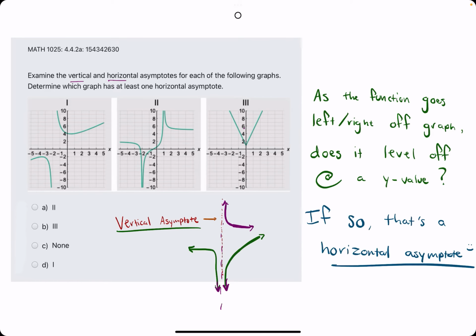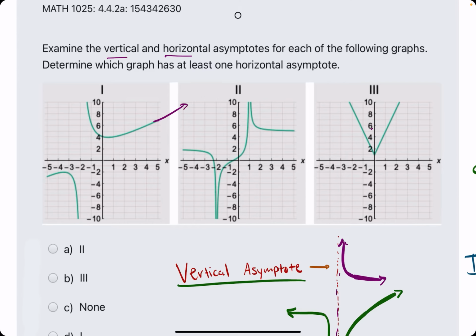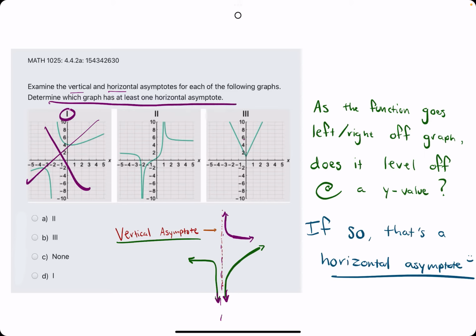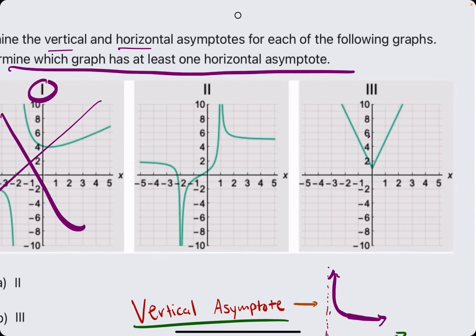So basically, just think about it like this. As it goes off the graph, if we extend these functions left and right, the question is, do they level off at a y value? For number 1, they do not, because this is going down, so it's not leveling off, and this is going up, so that's not leveling off. So 1 is out of the picture, because they ask us to determine which graph has at least one horizontal asymptote.